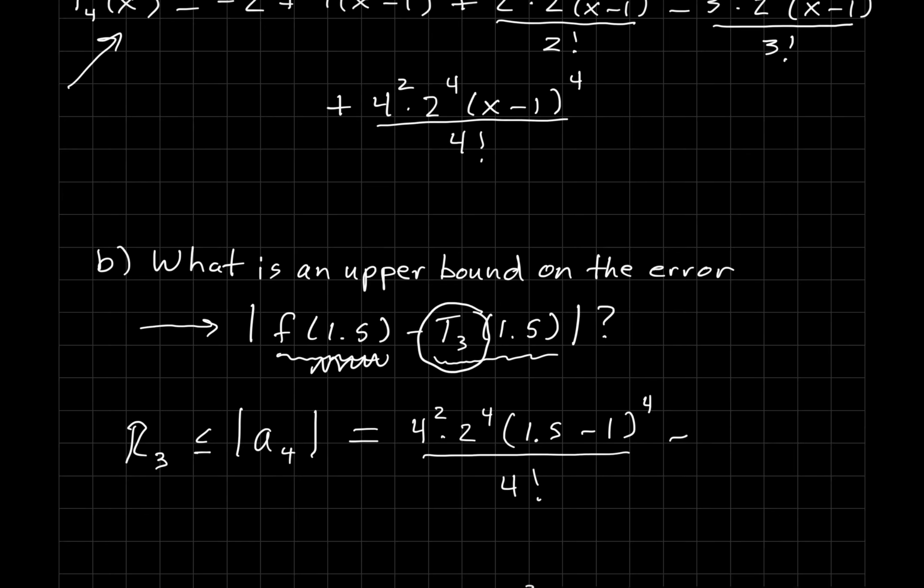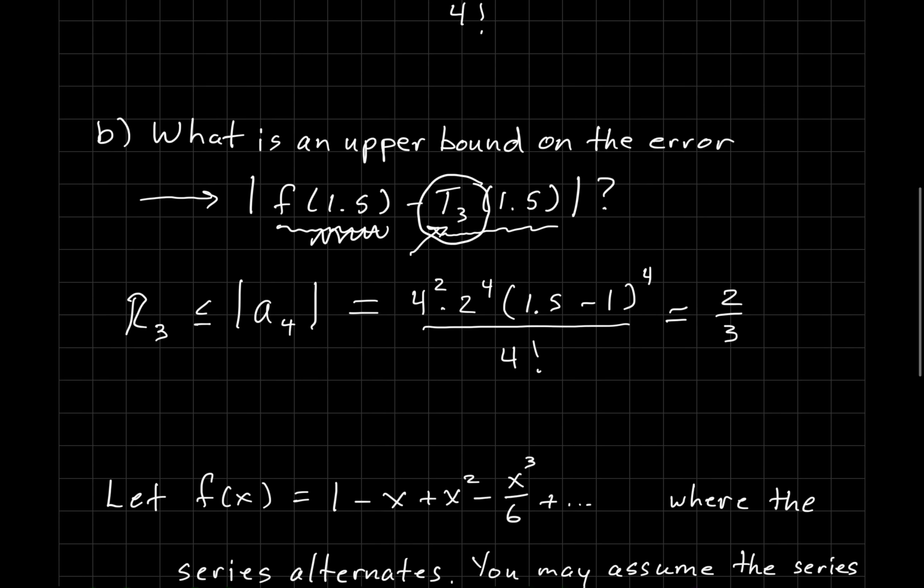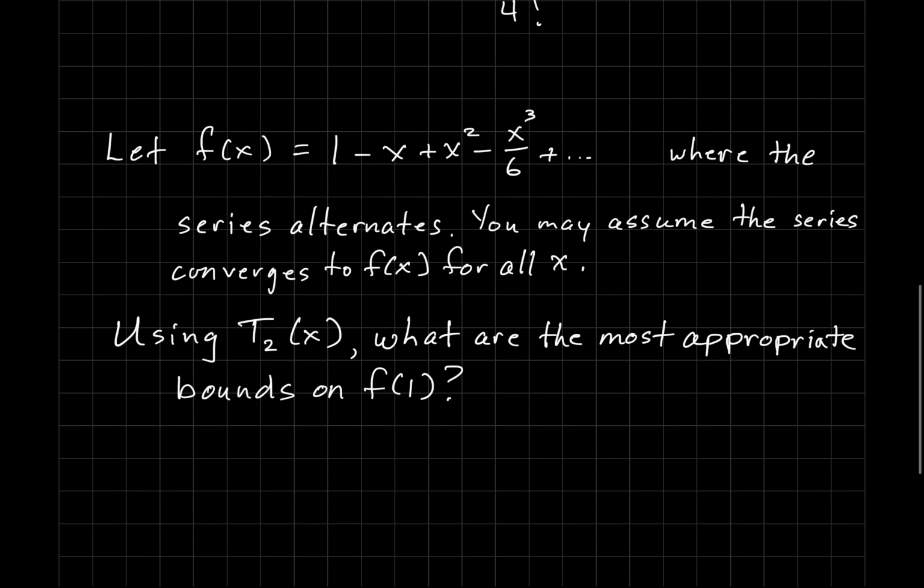And I simplified this earlier and got 2/3. Feel free to check me just to make sure I got that number correct. So the error when using my third degree polynomial approximation to approximate the function at 1.5 is no more than 2/3.